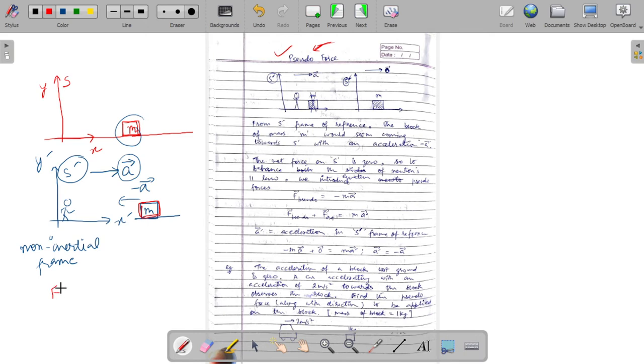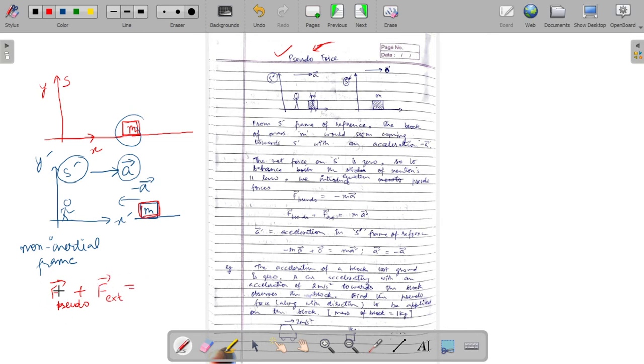we'll add an additional force, F pseudo. So let's say this is the force which we are adding, F pseudo vector, to the existing forces acting on the particle.